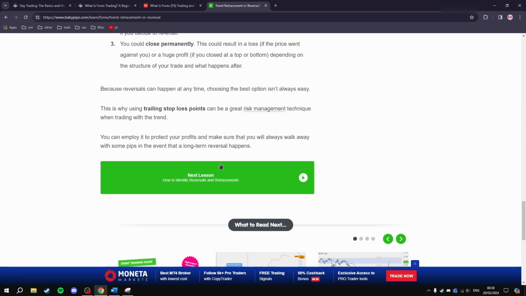This is why using trailing stop loss points can be a great risk management technique when trading with the trends.